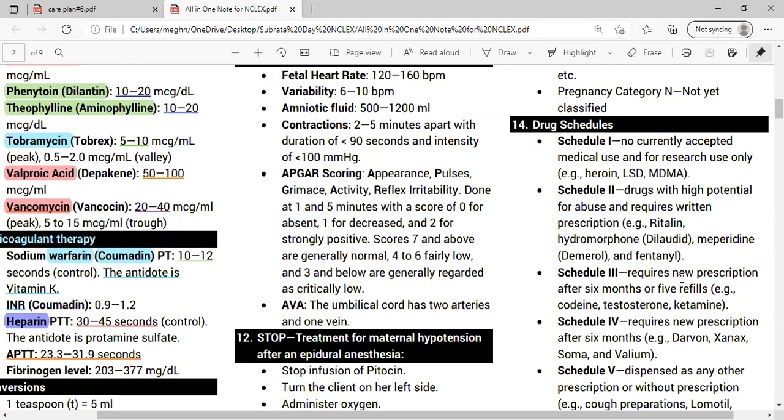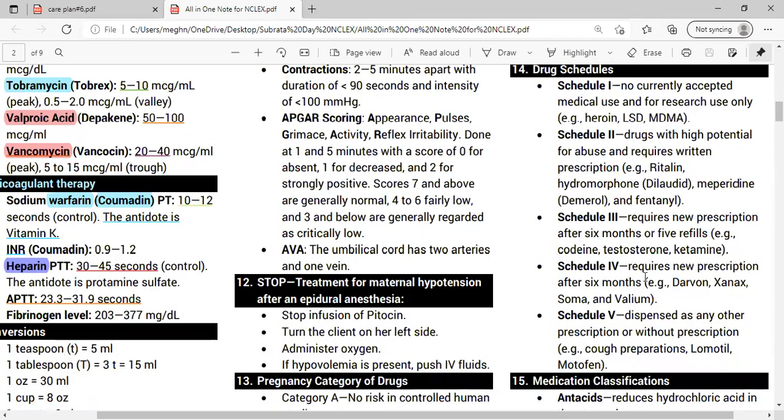Schedule 3 requires a new prescription after 6 months or 5 refills. Example, codeine, testosterone, and ketamine. Schedule 4 requires a new prescription after 6 months, like Soma, Valium. Schedule 5 is dispensed with a prescription or without, like cough suppressants or Lomotil or Motofen.